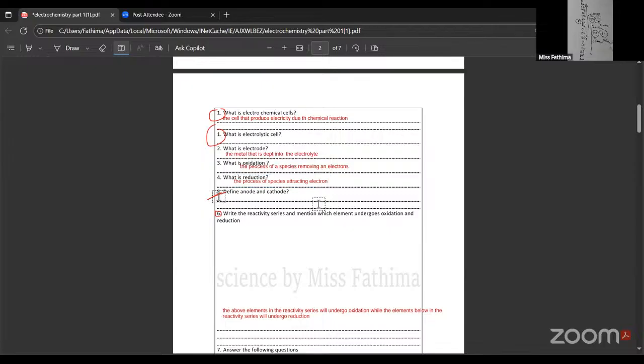Anode is the electrode that undergoes oxidation, while cathode is the electrode that undergoes reduction.